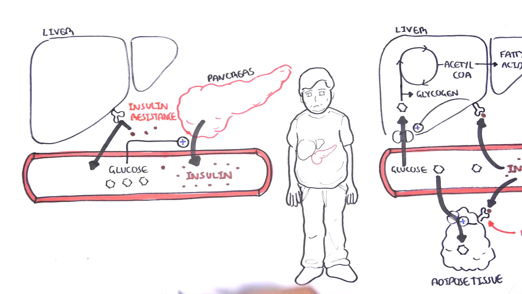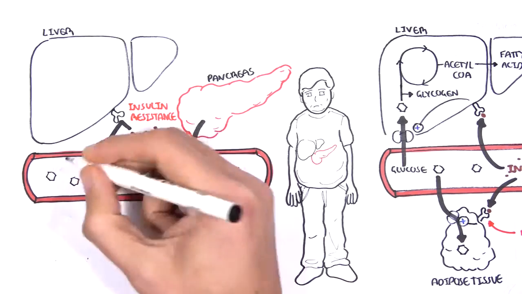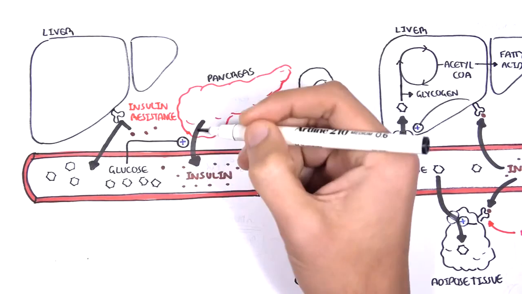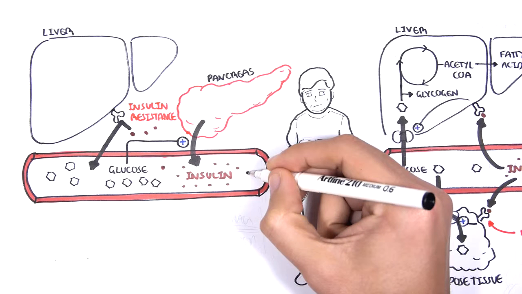And so insulin essentially does not work properly on liver, adipose tissue, and skeletal muscle. And as a result, there will be high blood glucose levels for longer periods of time. Now, insulin resistance occurs because of a variety of factors, including genetics, family predisposition, bad eating habits, and also obesity.